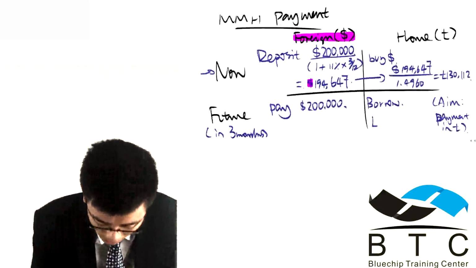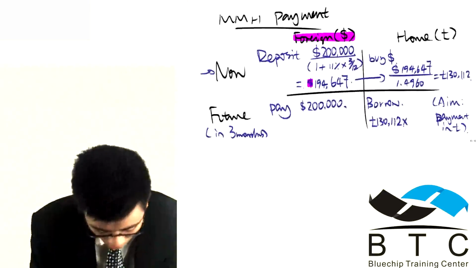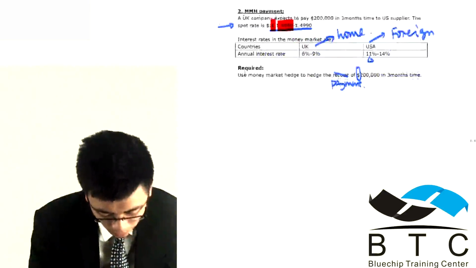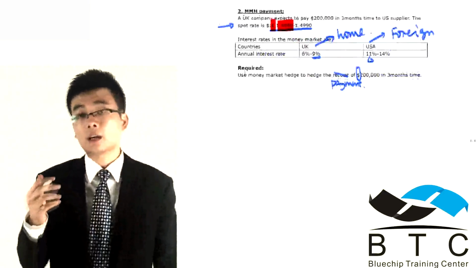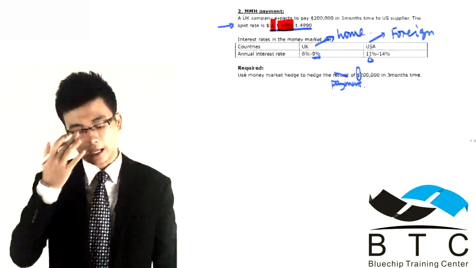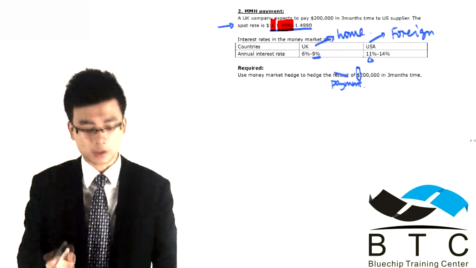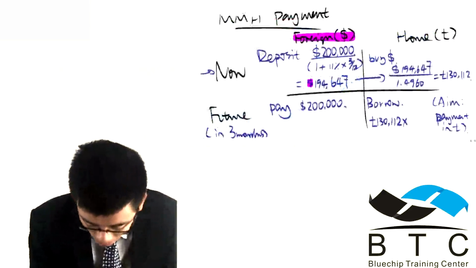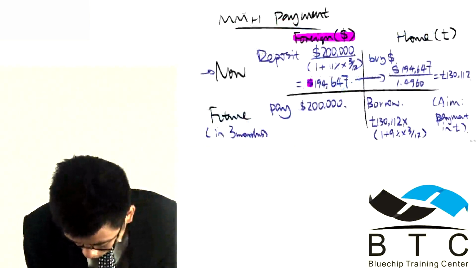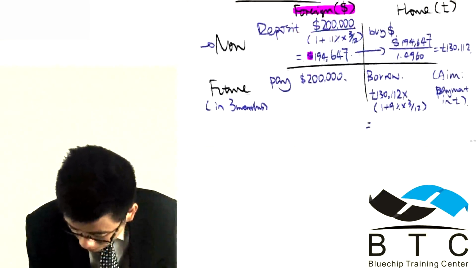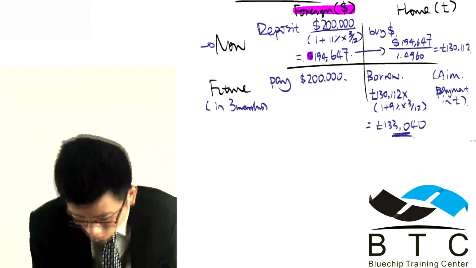So on 130,112 you need to suffer the interest rate of 9%, because in the home market you're going to borrow money. Of course, you need to pay a higher amount of fees compared to the bank, because you always lose. So 9%, 3 months over 12, giving you 133,040.